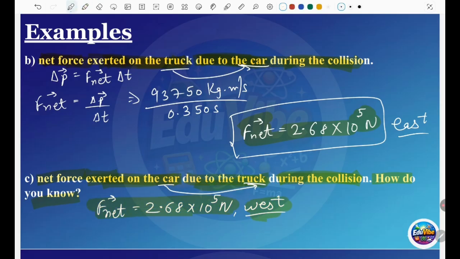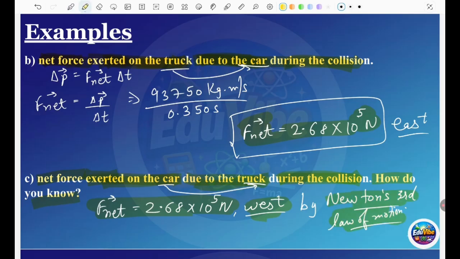So how do you know this? This is by Newton's third law of motion. Newton's third law states that for every action, there is an equal and opposite reaction.